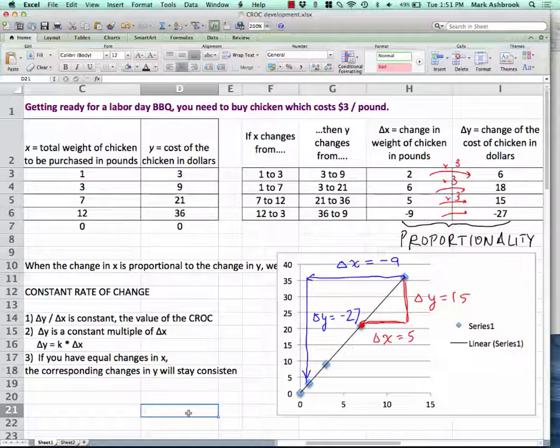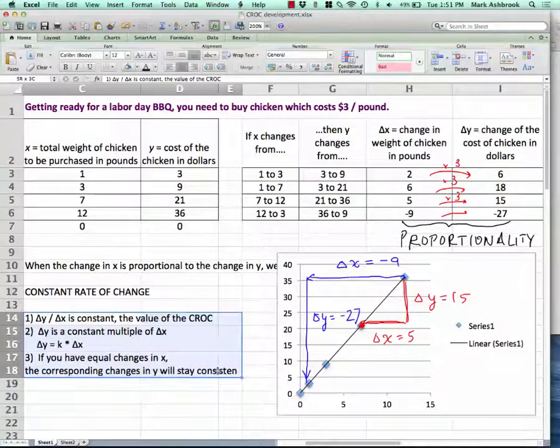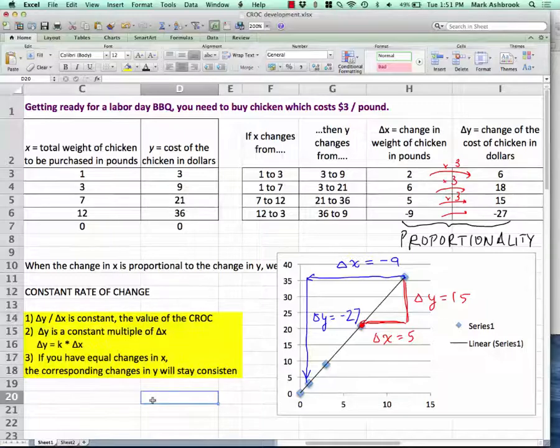That's constant rate of change. So these are three very important fundamental mathematical results of saying that the change in y is proportional to the change in x, or we have constant rate of change.